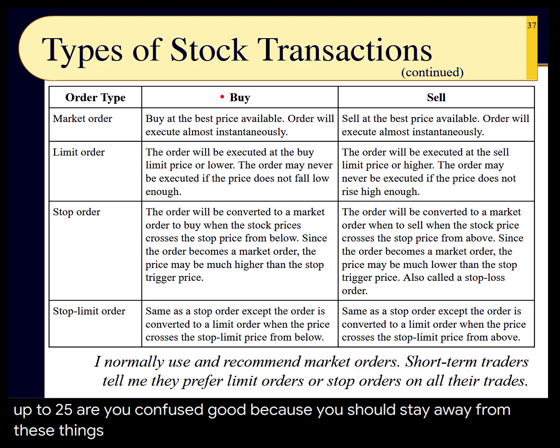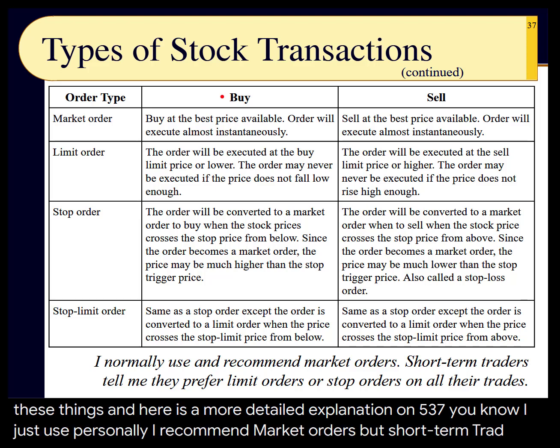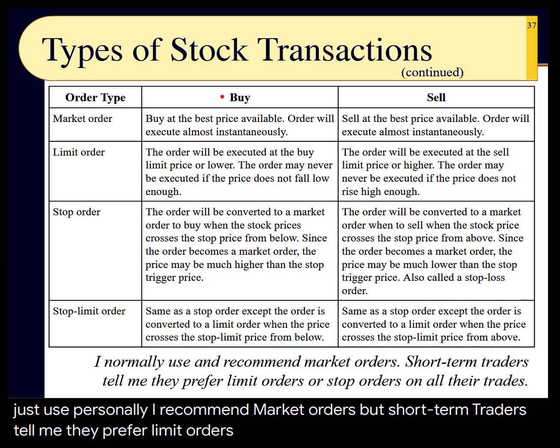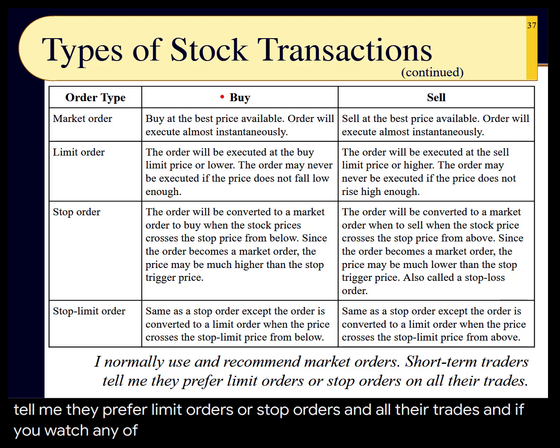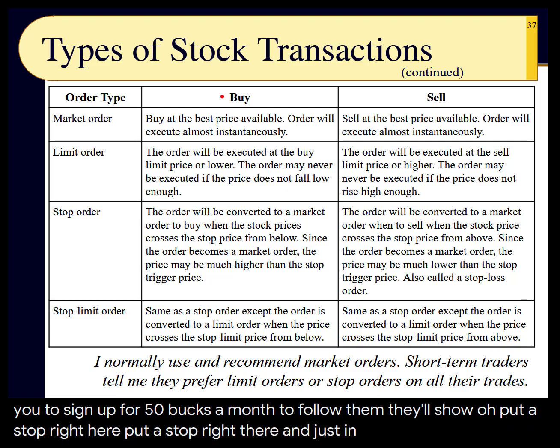And here is a more detailed explanation on slide 37. I recommend market orders, but short-term traders tell me they prefer limit orders or stop orders on all their trades. And if you watch any of these videos from the traders who are trying to get you to sign up for $50 a month to follow them, they'll show, oh, put a stop right here, put a stop right there, just in case we don't want to lose too much money.